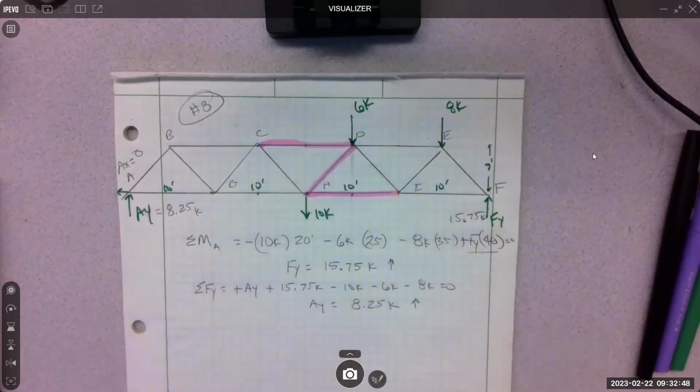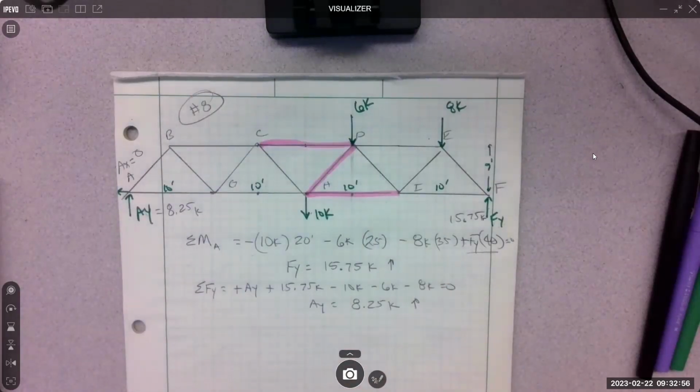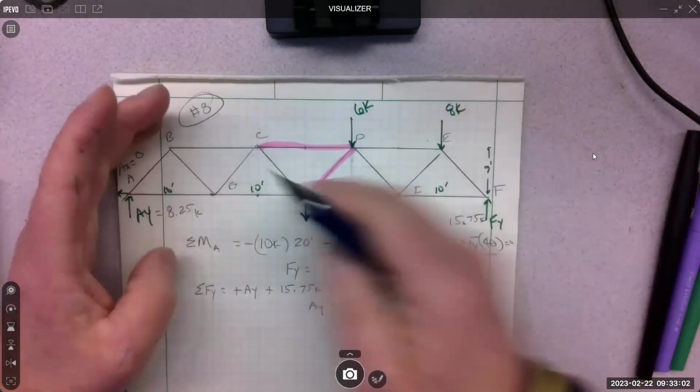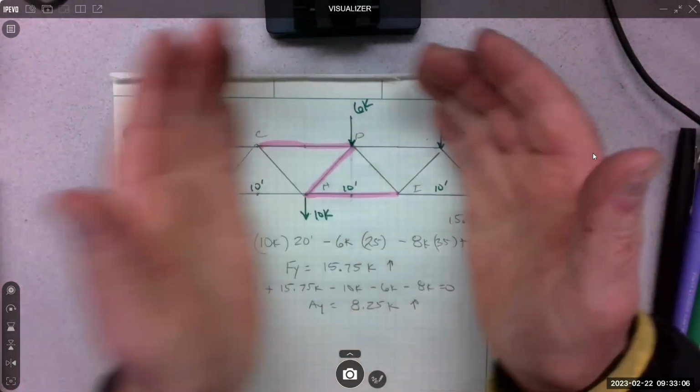So when they ask you for this, sometimes they'll give you the three members that are kind of in line. Like these are kind of in line, right? And what we're going to do is section the truss, because the whole thing's in equilibrium. Any piece is in equilibrium.